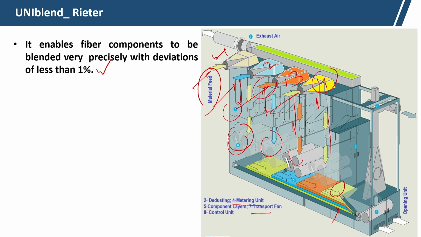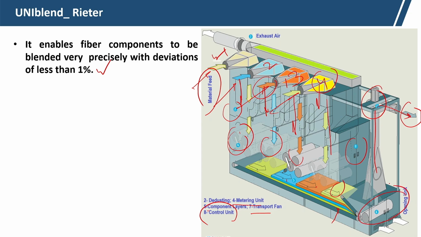There is a transport fan, which creates suction, so that fibers are sucked through this channel and go to the next process. There is a control unit which controls the movement and amount of fibers, and here is the opening unit.